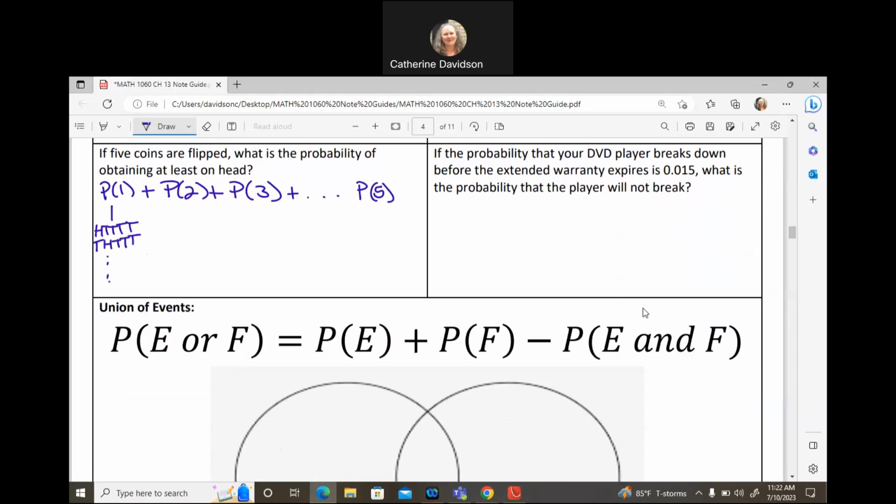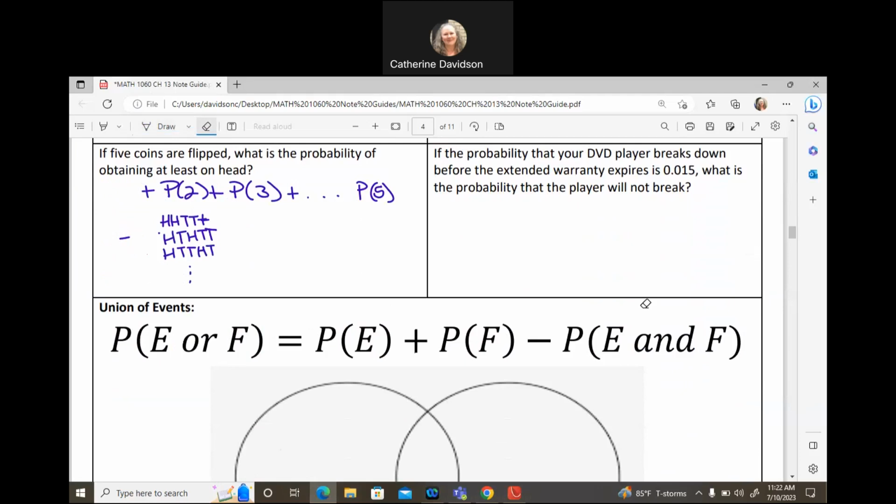The probability of exactly 2 heads, let's do H, T, T. I mean, there's so many different configurations and so forth. So you would have to do that 5 times and then add those probabilities together.